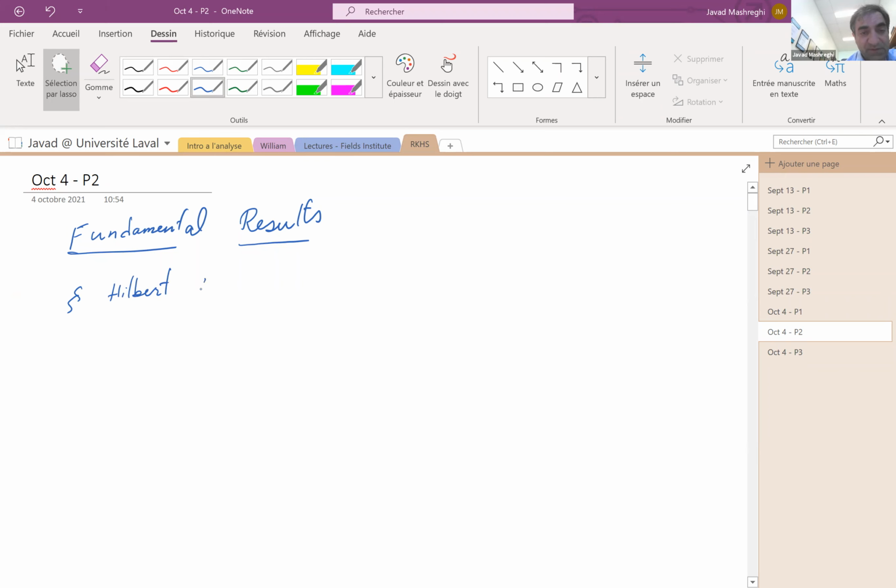More on Hilbert space structure of an RKHS. A very simple proposition, but extremely useful. In many occasions, we use this innocent, simple-looking theorem. So assume that H is an RKHS on a set omega.